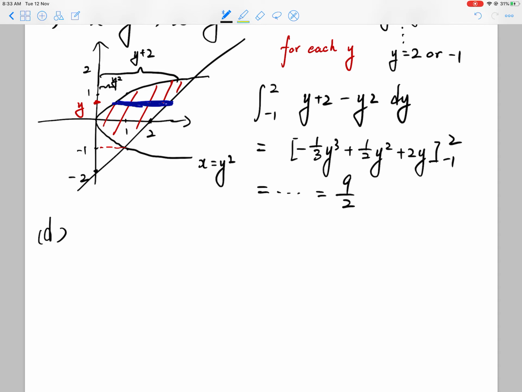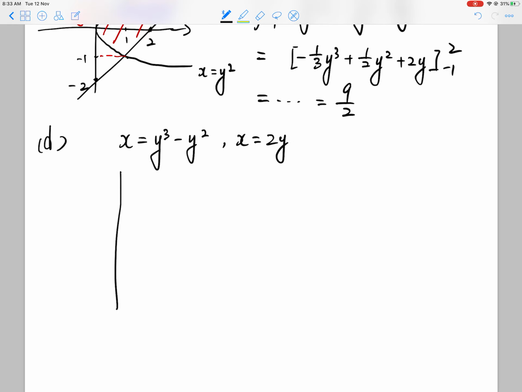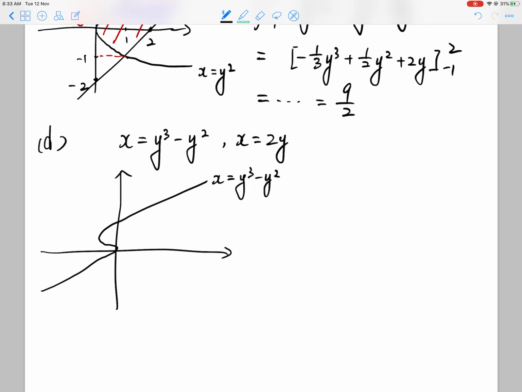So part D, x is y cubed minus y squared, x is 2y. This part, it's hard to draw the graph. You can use your calculator to help you. It will be something like this. This is your x equals y cubed minus y squared.